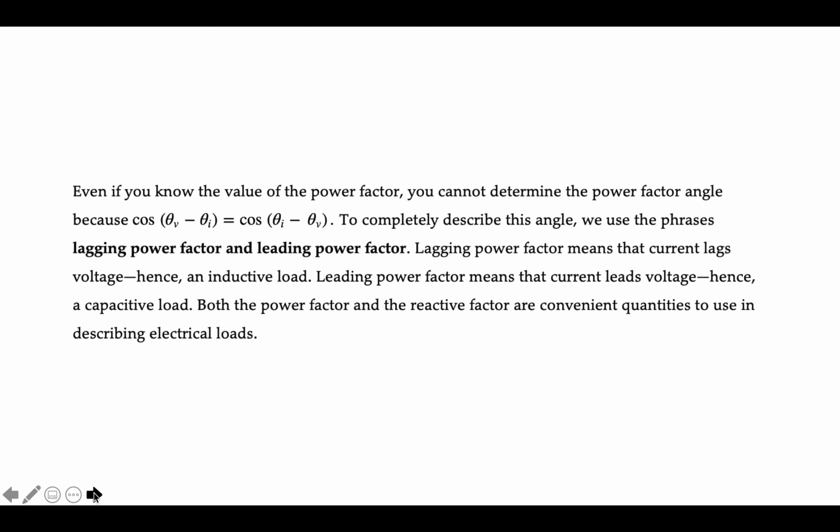Even if you know the power factor, you can't determine the power factor angle without additional knowledge. The reason is that the cosine of an angle is equal to the cosine of the negative angle. So in order to completely know what the angle means, we have to use the phrase leading power factor or lagging power factor.